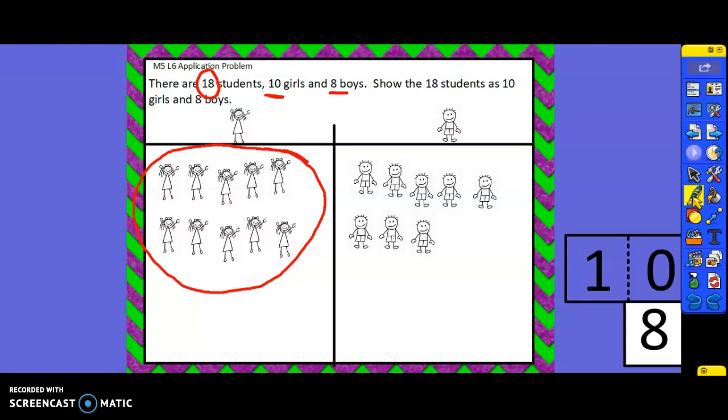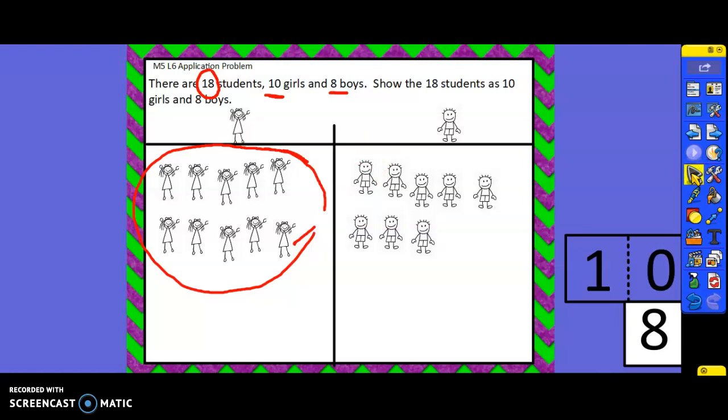Let's add our boys to our girls. We know we have 10 girls. Watch Miss Nakia. Let's move one boy at a time over. Excuse me, hold on 1 second. Let me erase that. Sorry about that. Let's move our boys over.